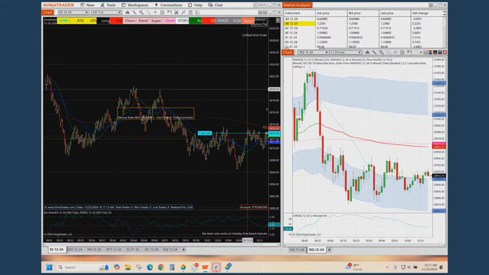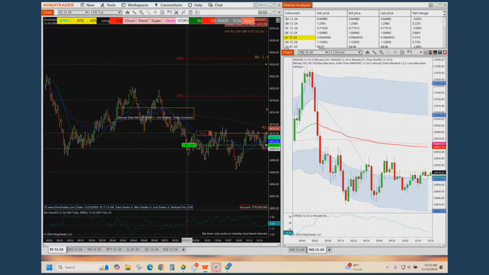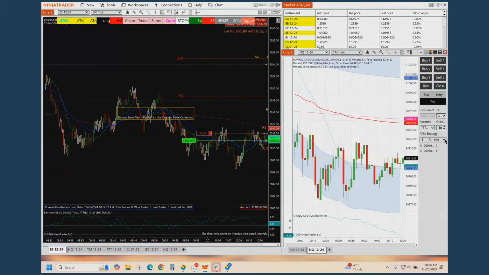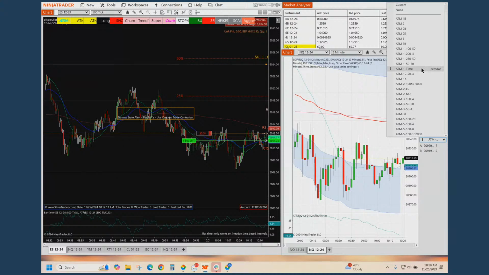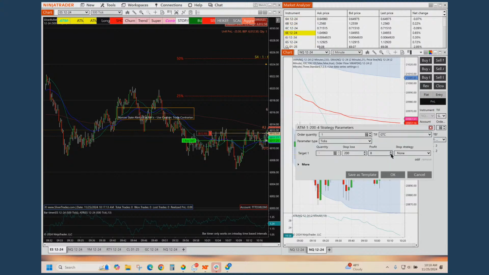All right. So yeah, it didn't get filled. Order filled. Okay, now it got filled. So it's still at 8. Okay, I didn't change the ATM to the correct one. I named it 8, but it has 8 ticks of target.